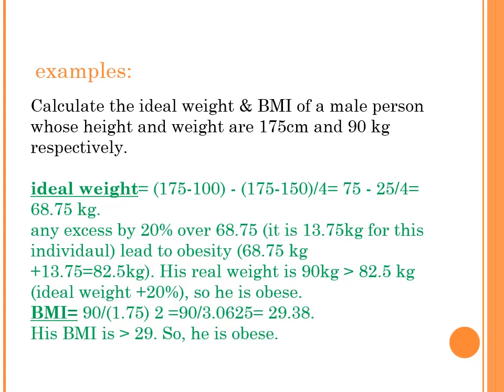The answer is 29.38. If we go back to the rule in the previous slide, we will notice that 29.38 is bigger than 29, which proves that this person is for sure obese.